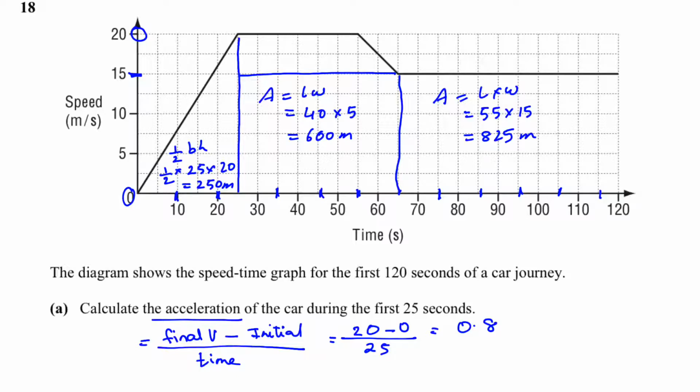For the fourth shape, it's a trapezium, so we can do half times A plus B times height. A and B are your parallel sides, and H is your height. So your B is going to be 40, and your A is 10, 20, 30, and the height is 20 minus 15, 5.